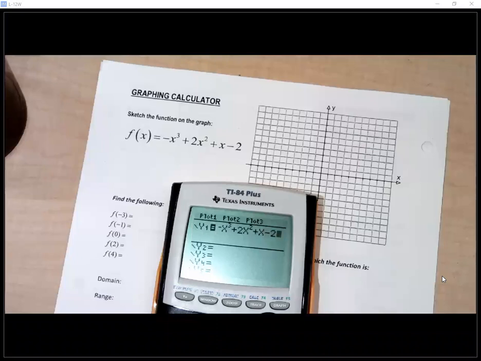Okay, so take a moment, make sure that your graph is in the right way. If you're not sure if it's right, let me know. Yep. Negative is under the 3. Yep.